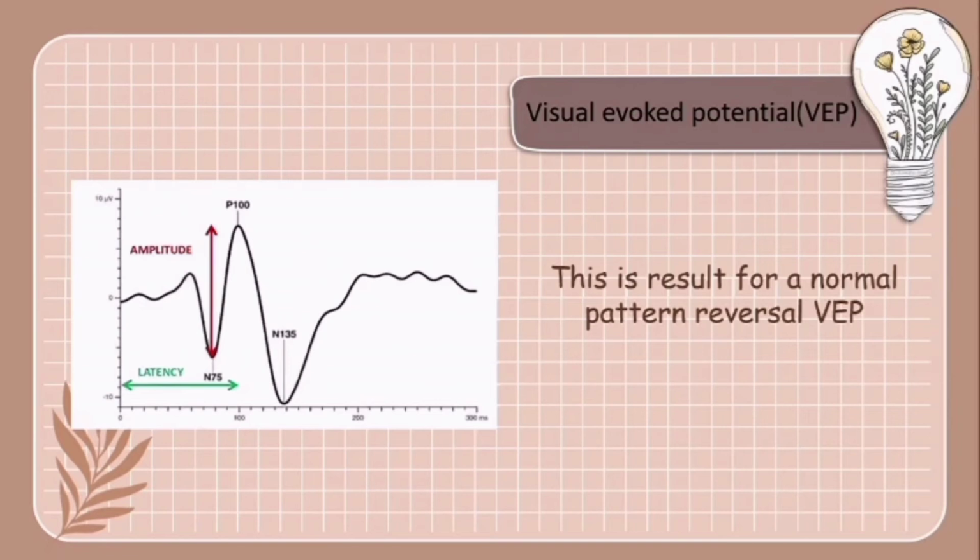The amplitude of VEP, between 3 to 25 microvolts, is considerably smaller than that of EEG, which can be as large as 100 microvolts.